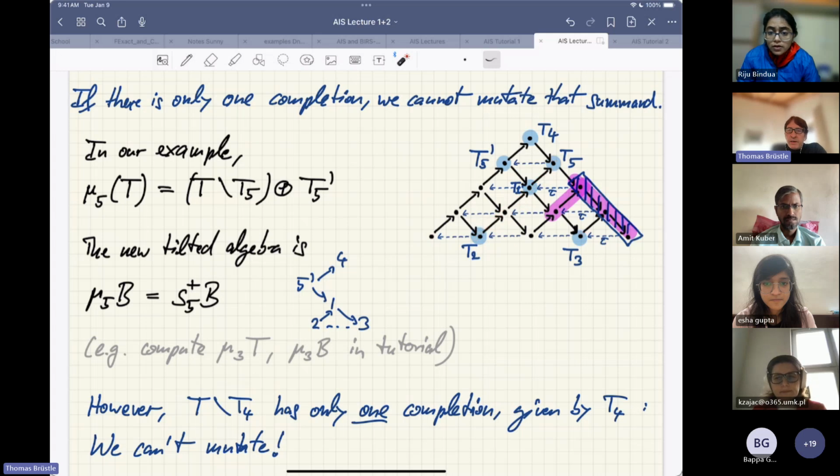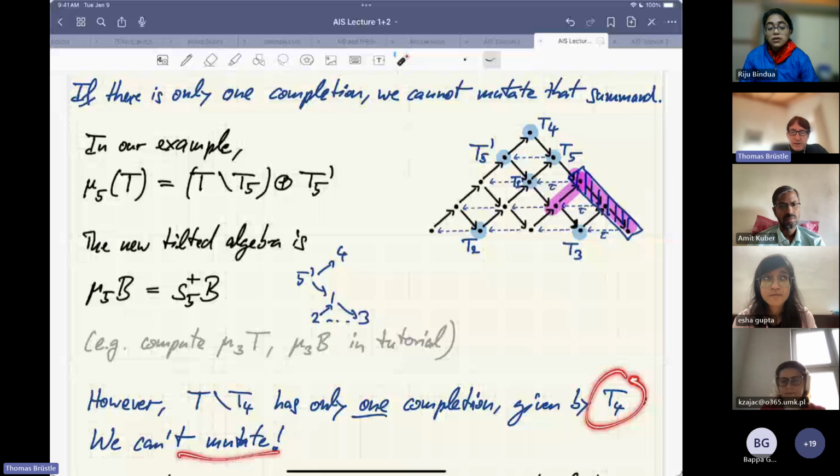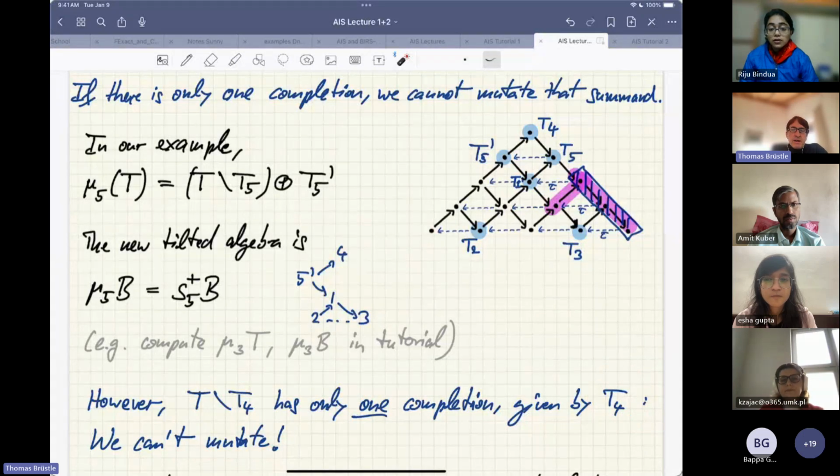And then you see it doesn't work. That summand here, for the expert, is a projective injective module. Projective injective modules have to be present always in any tilting module. You cannot mutate this one. You can play the game and try to remove it and see is there any other valid candidate, and you will see you don't find anyone. So this one has no other completion than T4 itself. You cannot mutate T4. So that's not good.